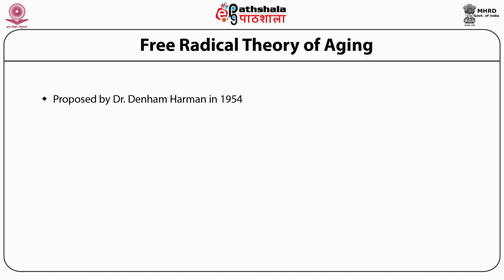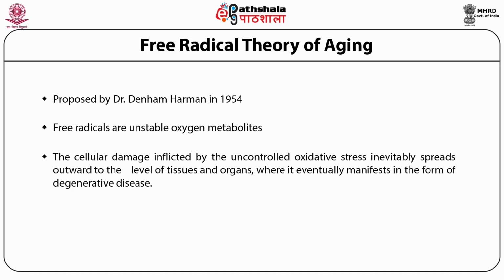According to Harman, aging occurs when cells become permanently damaged from the lifelong and unrelenting attack of charged molecular fragments known as free radicals. The cellular damage inflicted by this uncontrolled oxidative stress inevitably spreads outward to the level of tissues and organs, where it eventually manifests itself as some form of degenerative disease.